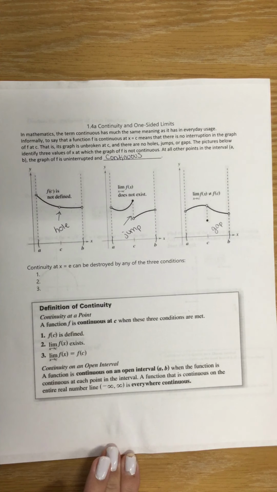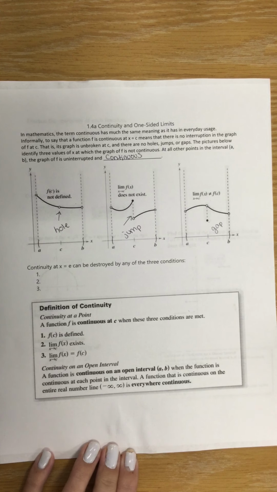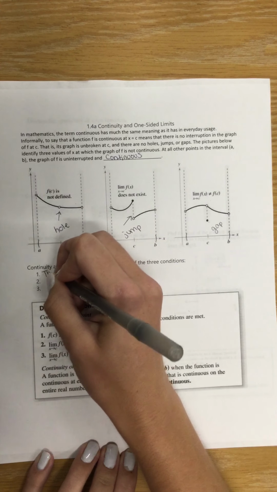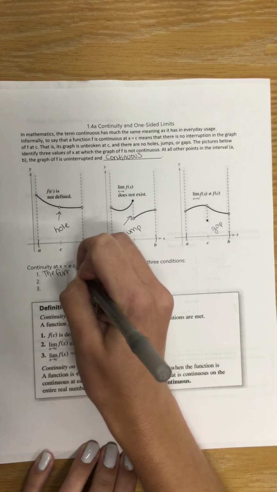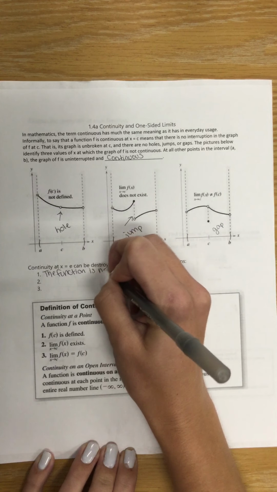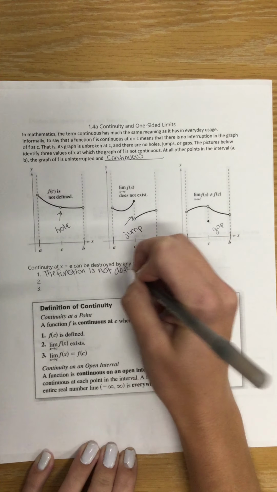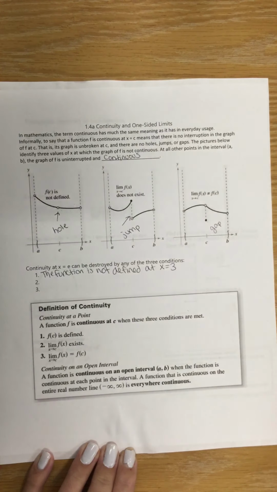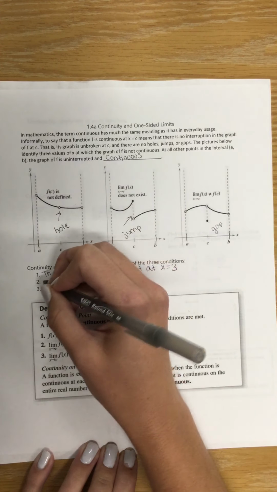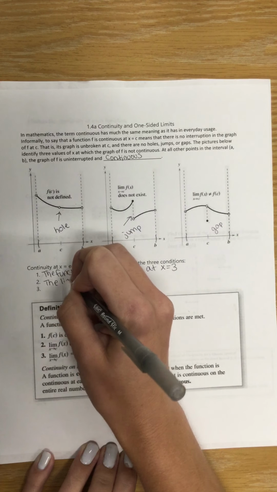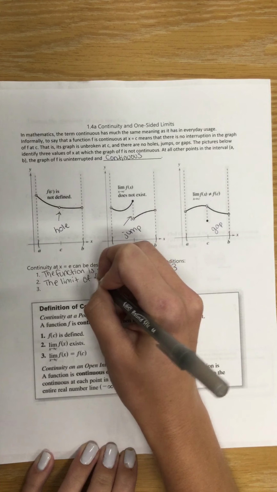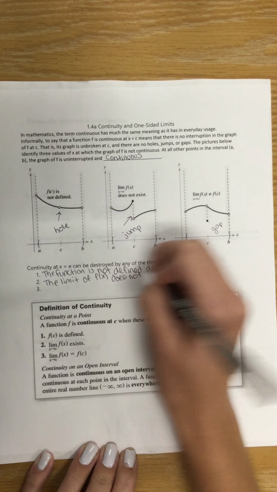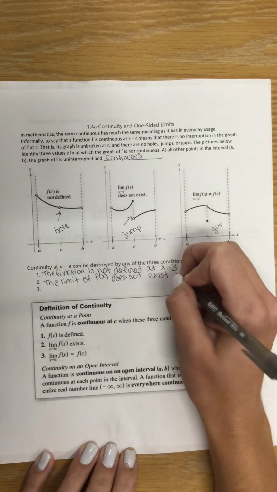So continuity can be destroyed, meaning we don't have continuity, if the function is not defined at x equals c, like there's not even a point there. Or the limit of f of x does not exist at x equals c.